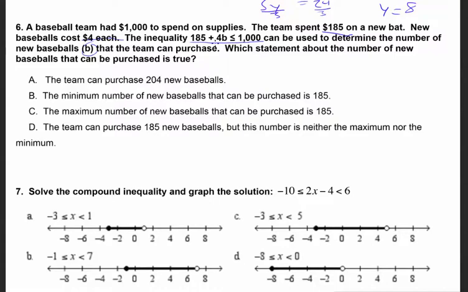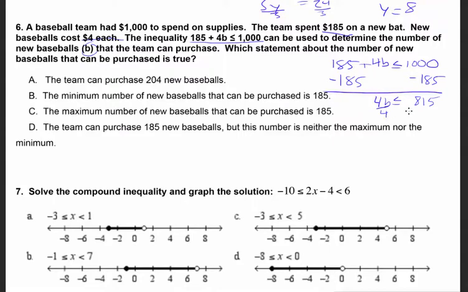Now, to answer this question, we're going to need to solve for b in this inequality. So I'm going to rewrite it down here. 185 plus 4b is less than or equal to 1,000. And we can solve this by subtracting 185 from both sides. I get 4b is less than or equal to 815.